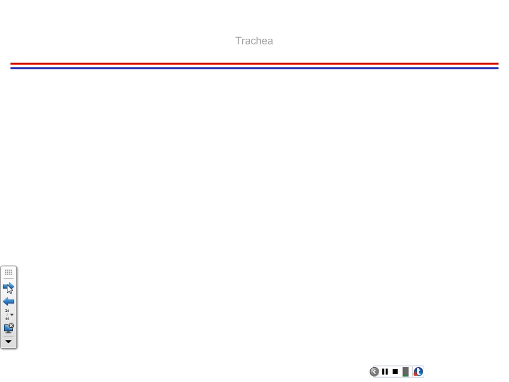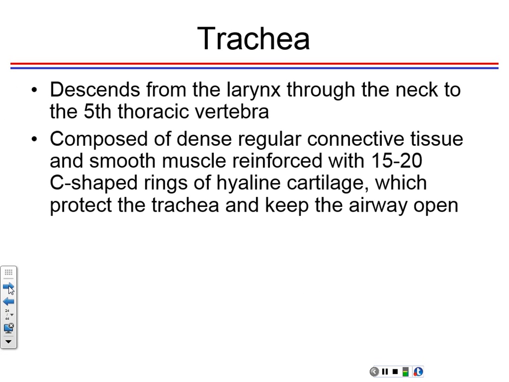So those things. Okay, the trachea descends to the fifth thoracic vertebra, and then it will bifurcate into the primary bronchi. That bifurcation marks the end, and there's going to be a very special tracheal cartilage there called the carina, which is very sensitive.